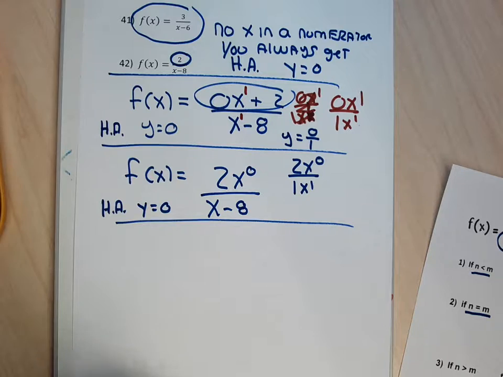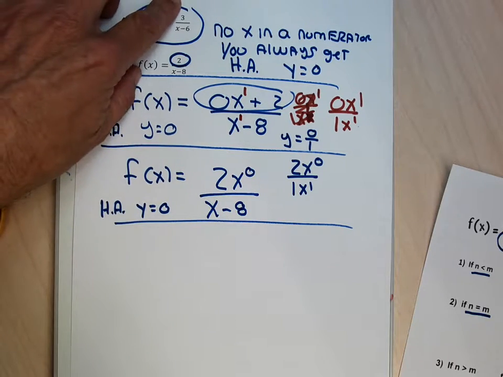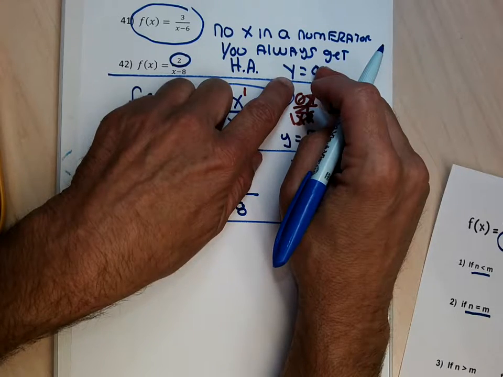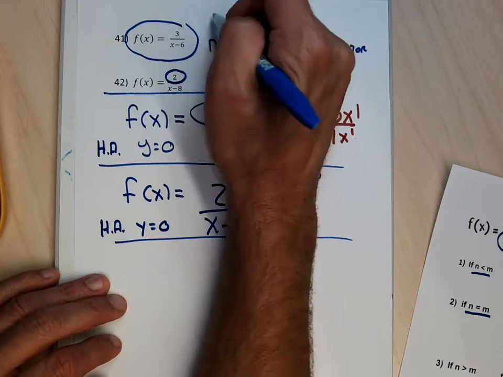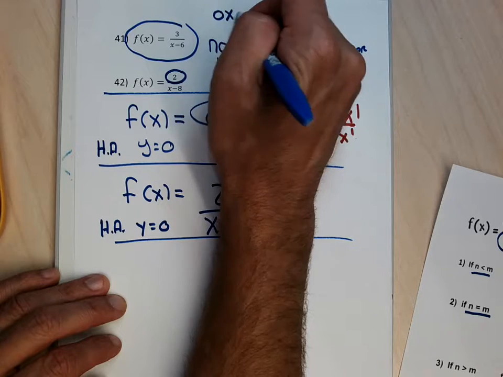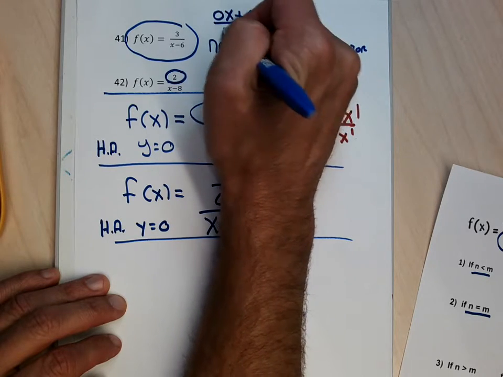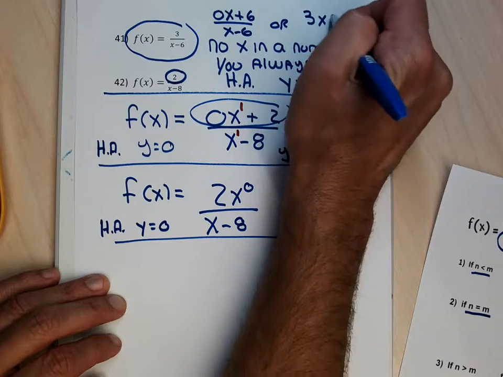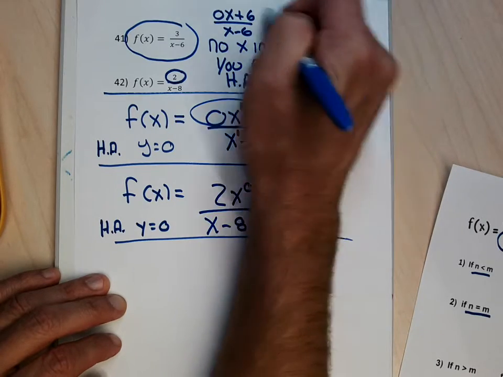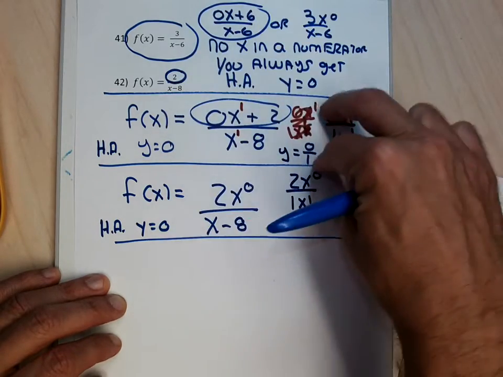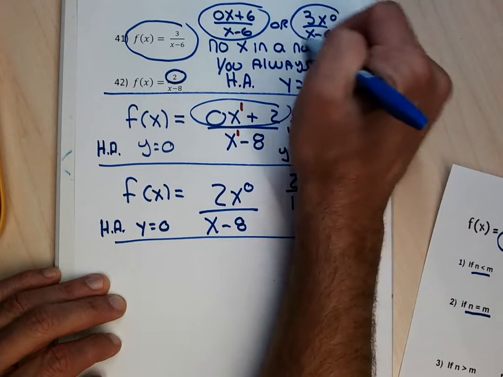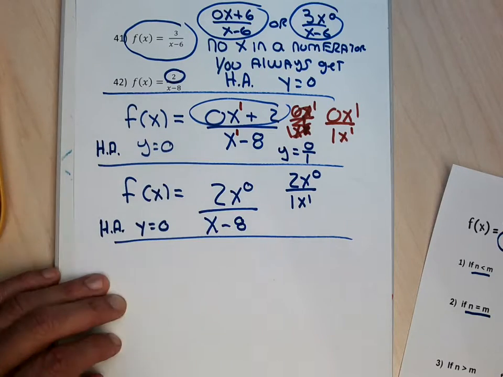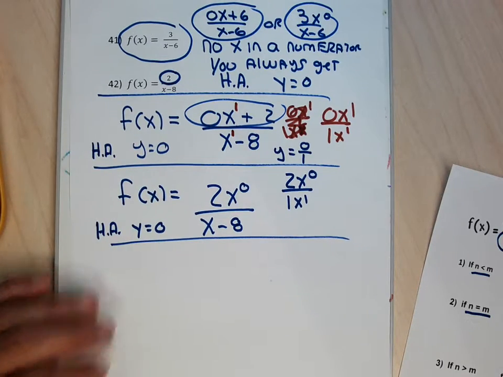If I'm asked to find a horizontal asymptote and there isn't an x in the numerator, I can default and say the horizontal asymptote is y equal to 0, or I can consider that fraction 0x plus 6 over x minus 6, or I can consider it 3x to the 0 over x minus 6. Both this one, if you do the algebra, and this one, if you do the non-algebra, will give you y equal to 0 for the horizontal asymptote.